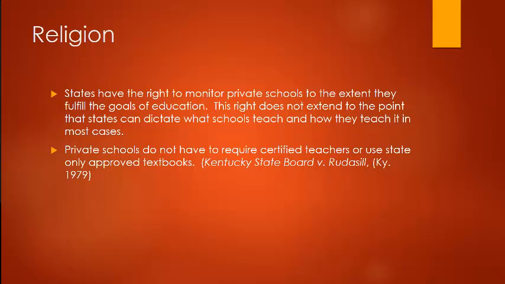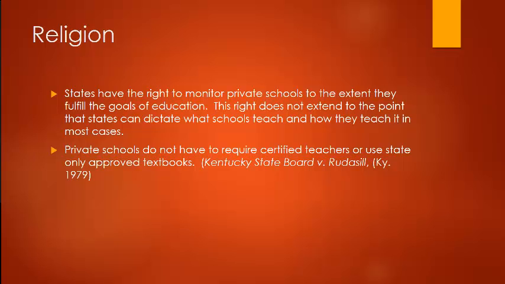A couple more points here. States have the right to monitor private schools to the extent they fulfill the goals of education. The right does not extend to the point that states can dictate what schools teach and how they teach it. For example, private schools do not have to require certified teachers or use state-approved textbooks.